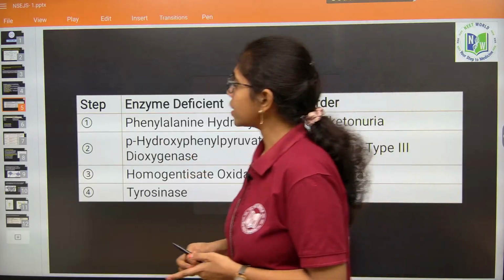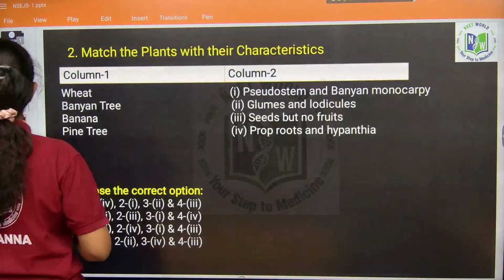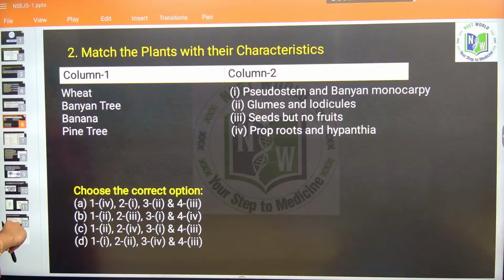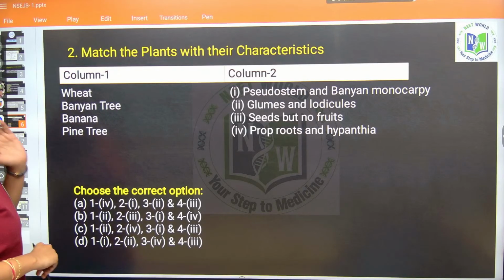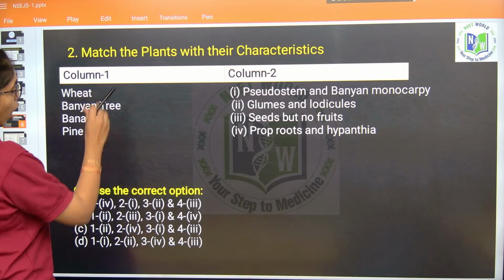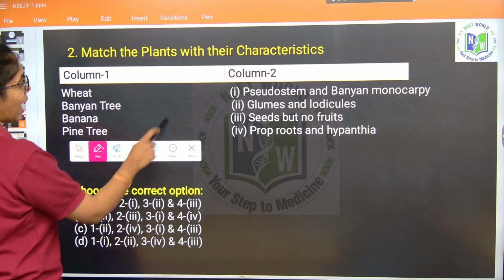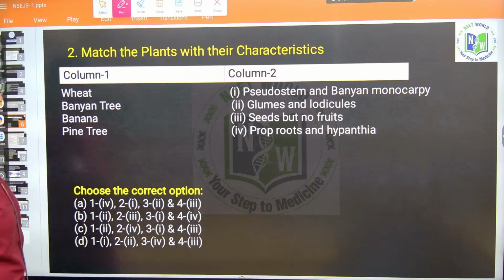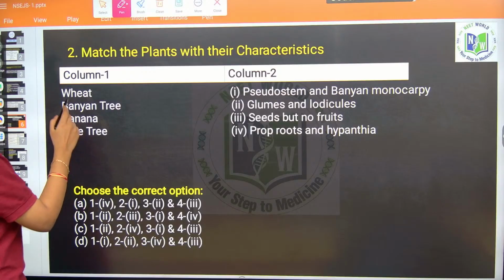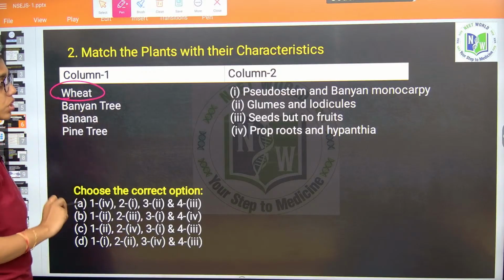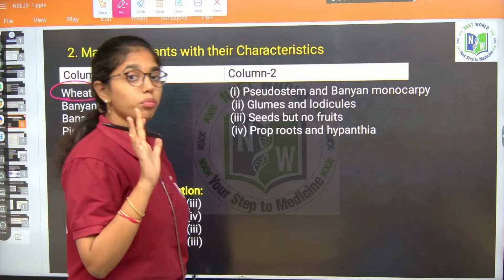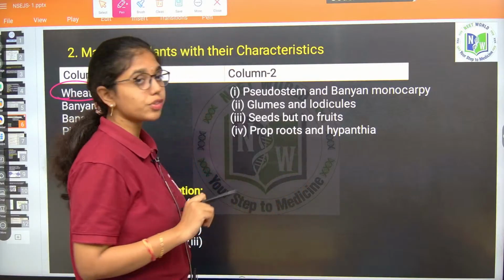Understood? Next, look at this match the following type of question, where in column 1 all the types of plants are given, and in column 2 the characteristics are provided. First, if you see wheat, which is a monocot, wheat belongs to which family?